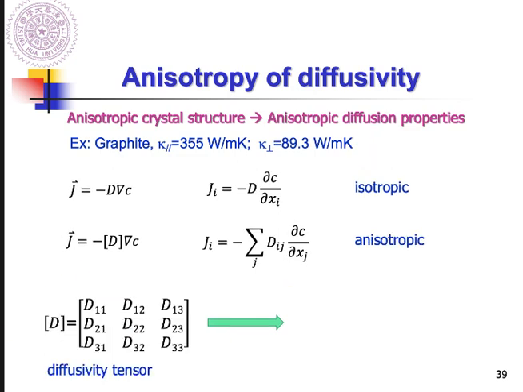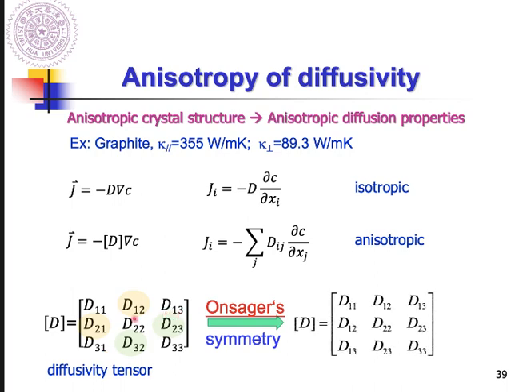And regarding the diffusivity tensor, we use 3 times 3, right? So if the tensor we have here is 3 times 3, we have 9 parameters. In order to simplify the parameters, we use the Onsager symmetry. This symmetry shows that we assume D21 equals D12, and also D32 equals D23, and D31 also equals D13.